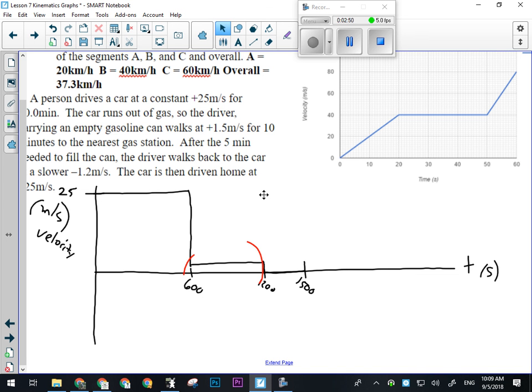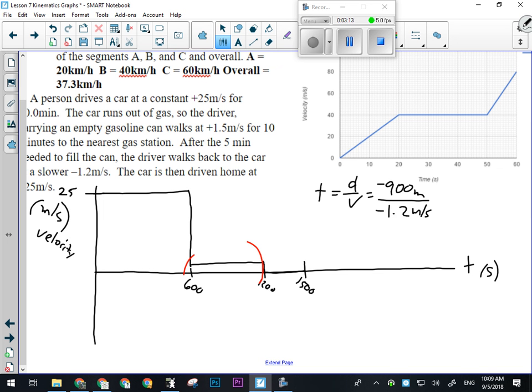Now that I know that, and I know how fast they're going to walk back to the car, can I figure out how many seconds it will take them to get back to the car? I'm just going to do a v equals d over t calculation here, where I'm solving for t. So t equals d over v, it's 900 meters divided by 1.2 meters per second.